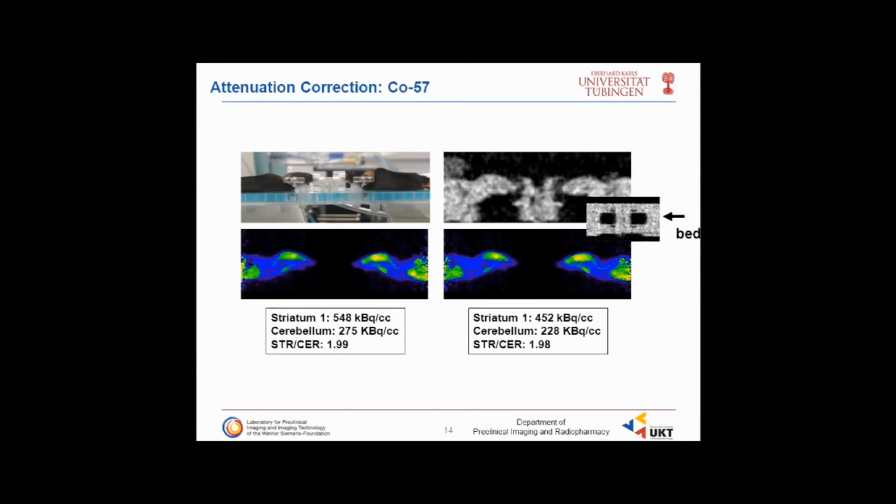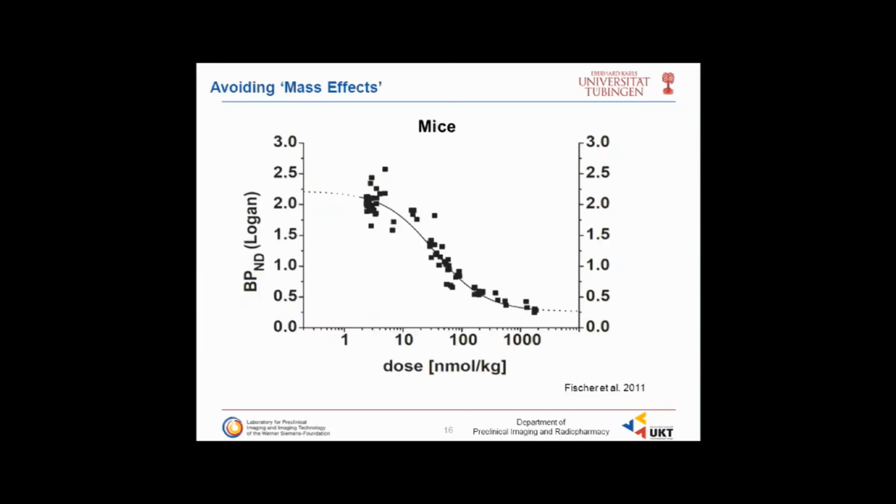If you use only the ratio, what is often done in the brain, striatum versus cerebellum, you don't make any more quantification error, because the entire brain undergoes the same attenuation. This means if you want to have an absolute quantification, in this case, you need to have an attenuation correction. If you just want to consider the ratio, you might even get along very well without attenuation correction. So therefore, this is always to be considered, what you need to do and what you want to do.